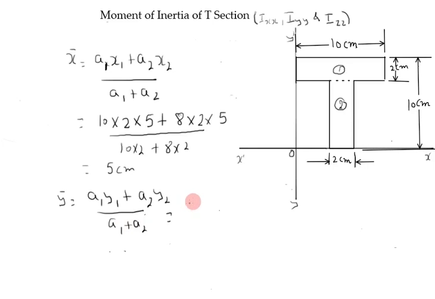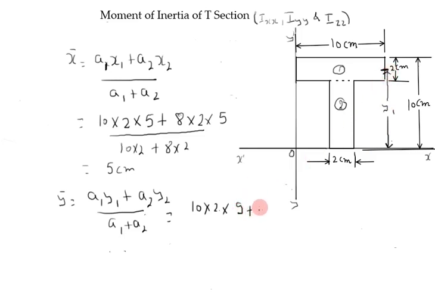Area of element 1 is 10 into 2, and y1 is the distance of the centroid from the x-axis, which is 8 plus 1, 9.